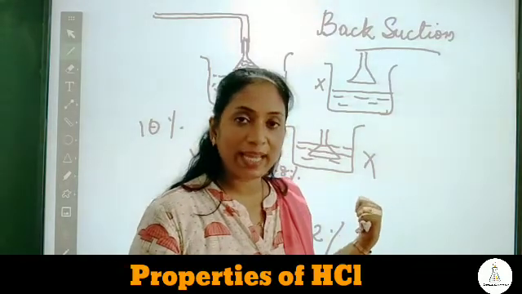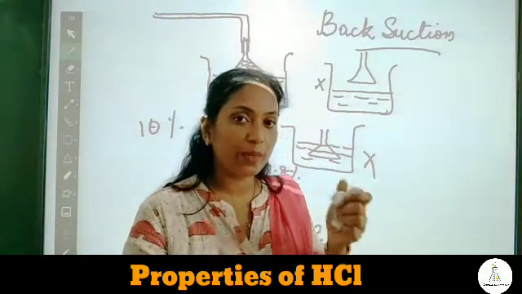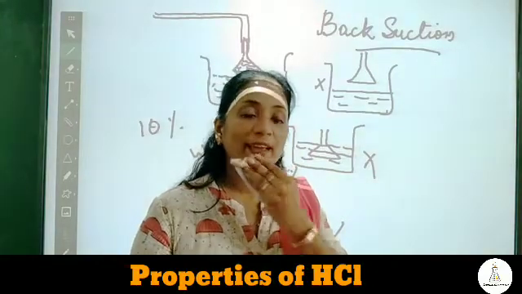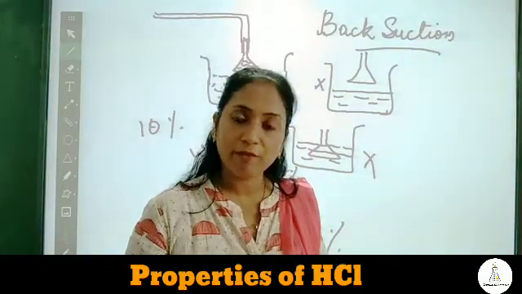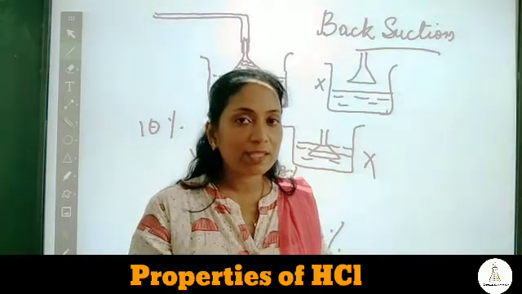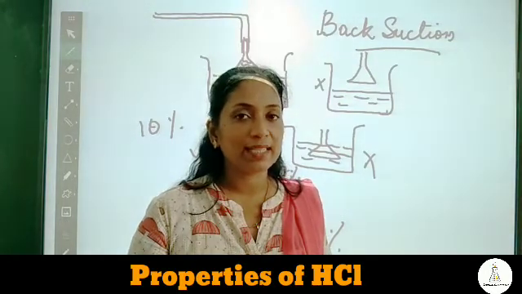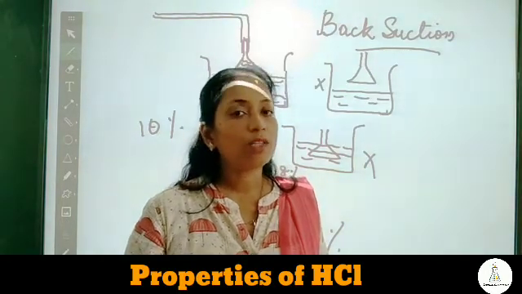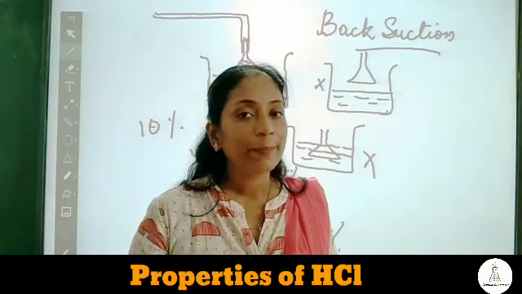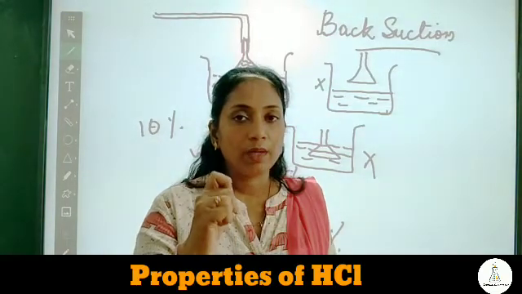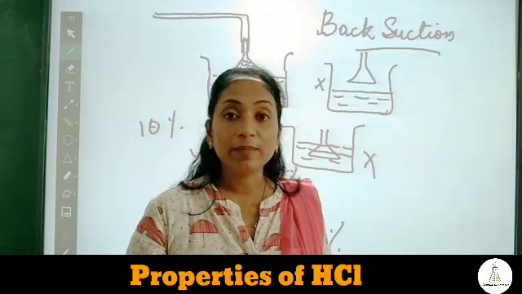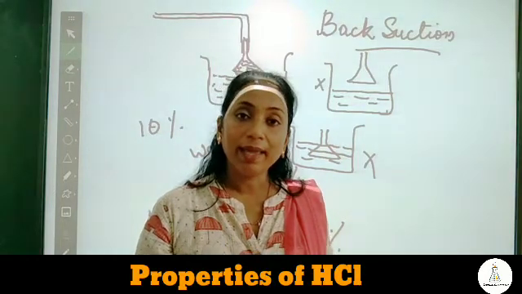The hydrogen chloride gas is also soluble in toluene. Toluene, which is an organic compound, dissolves it and forms a solution. But this hydrogen chloride gas dissolved in toluene also does not change the blue litmus paper. Why?